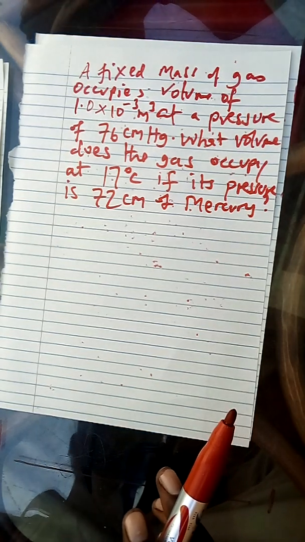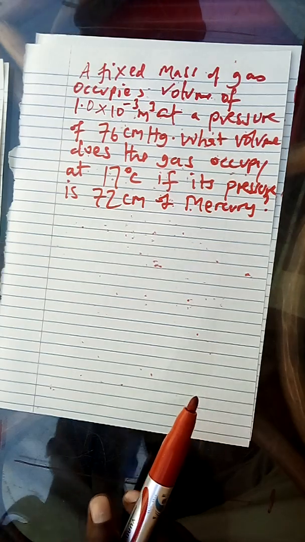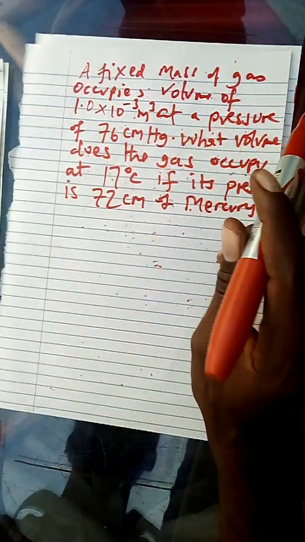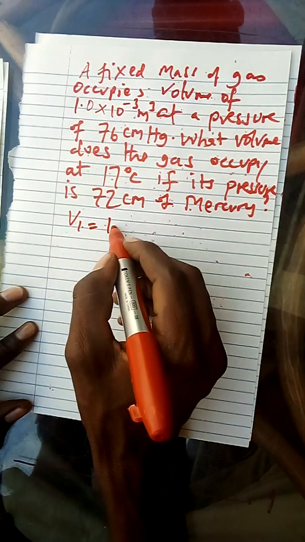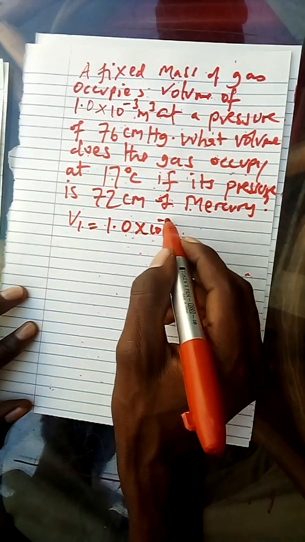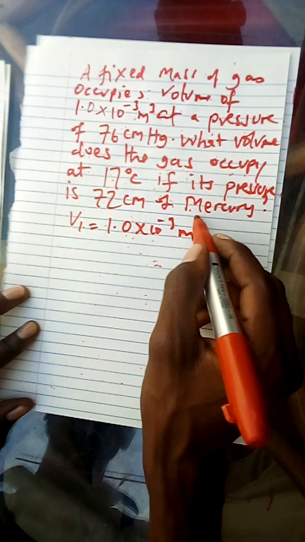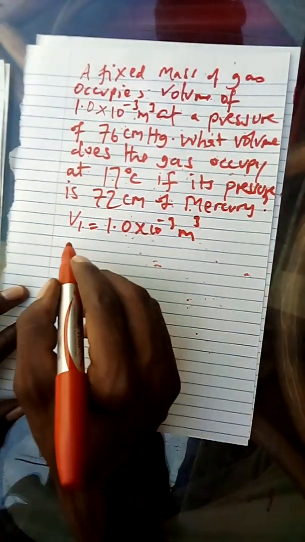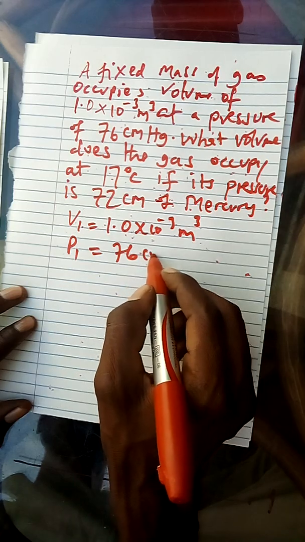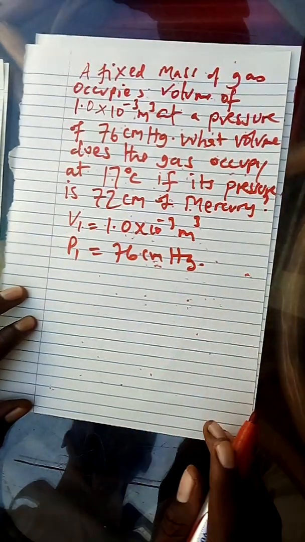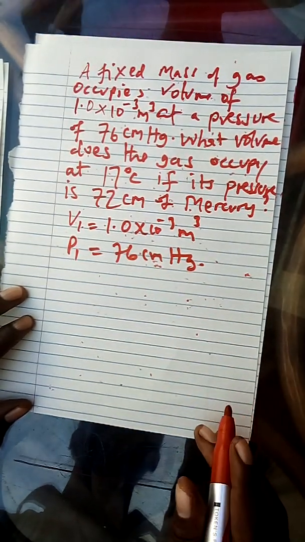So from here we have something. A fixed mass of a gas occupies a volume. We have V1, which is equal to 1.0 times 10 power negative 3 meter cubed, and we have P1 equal to 76 centimeter of mercury. Those are the data that we've been given.